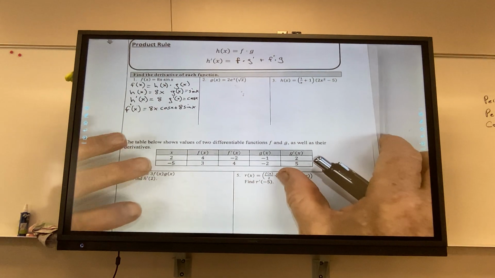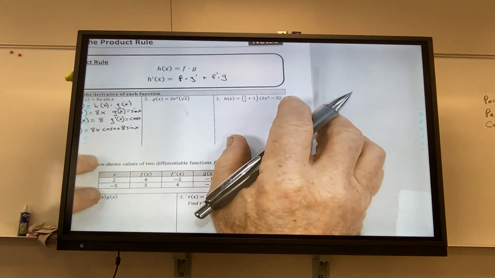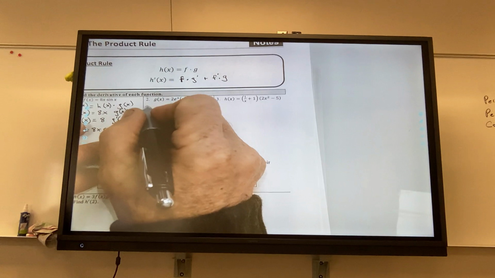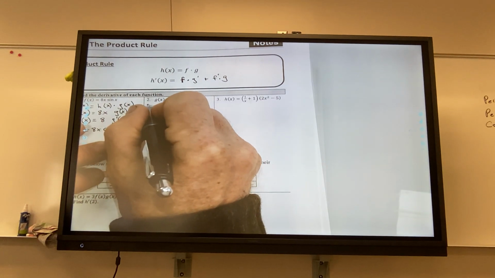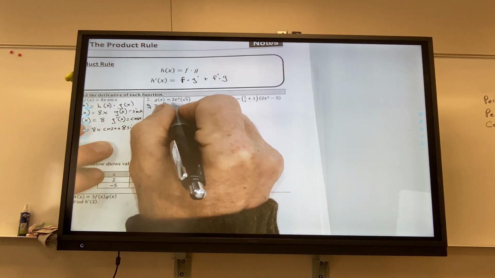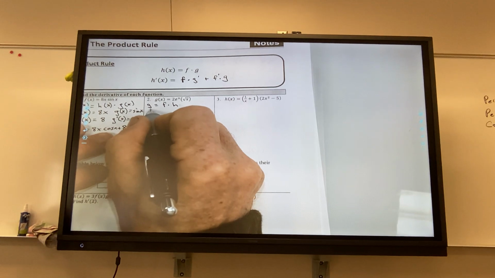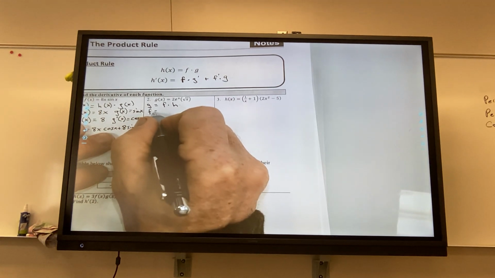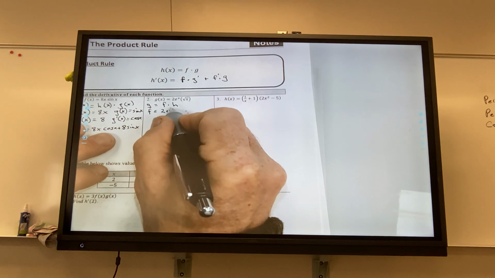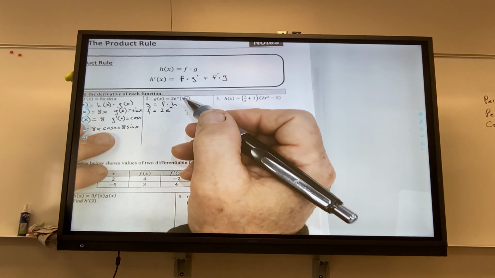So let's look at this. G of x. Am I timesing? Okay, so I could say that G is equal to F times H. Rhea, what would I say F is? Okay, now, in my heart, Rhea, I'm smiling.